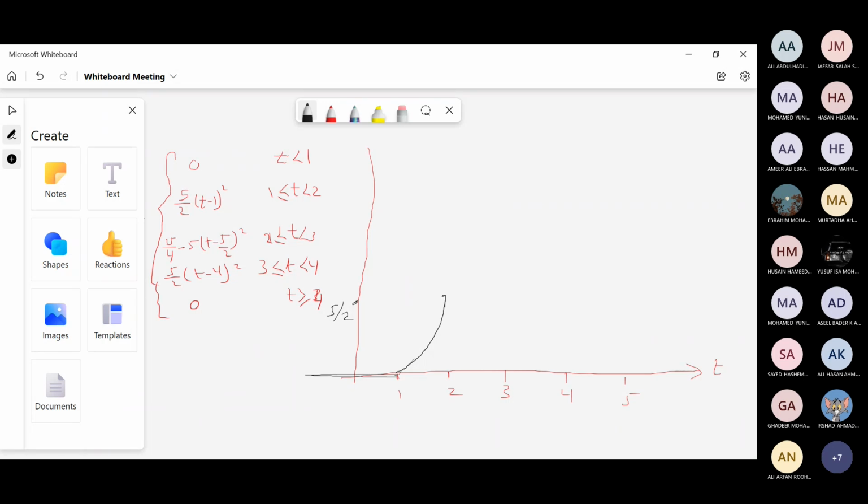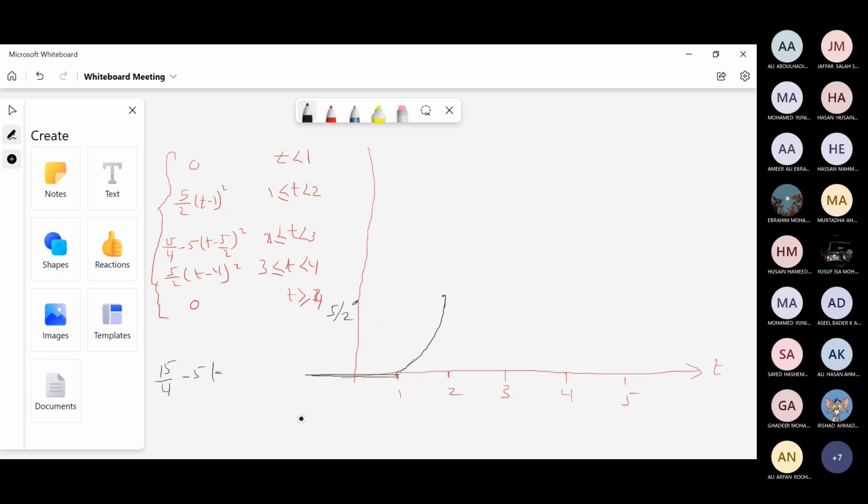Okay, between 2 and 3, if you calculate it here, at 2 it is equal to 15 over 4 minus 5 multiplied by, sorry, it's 2 minus 5 over 2.